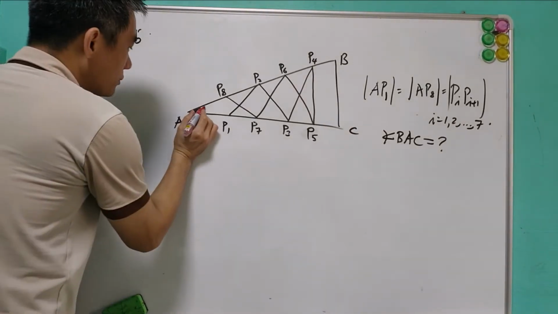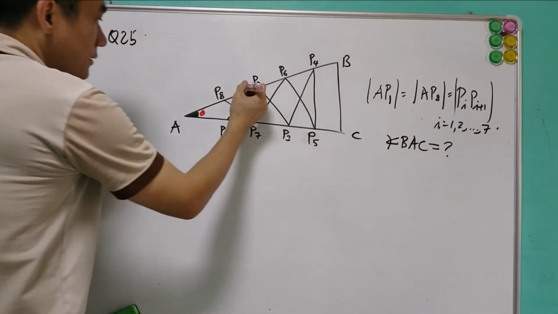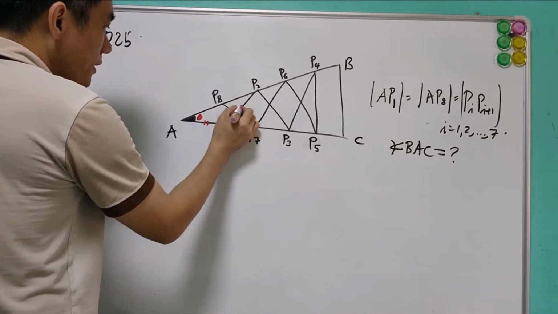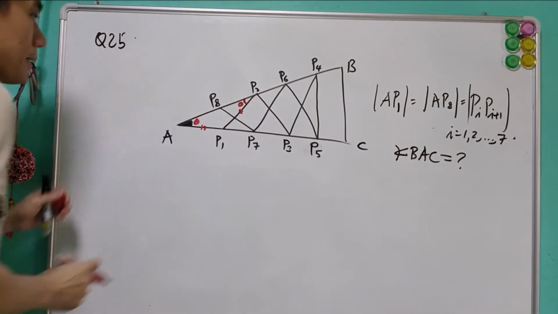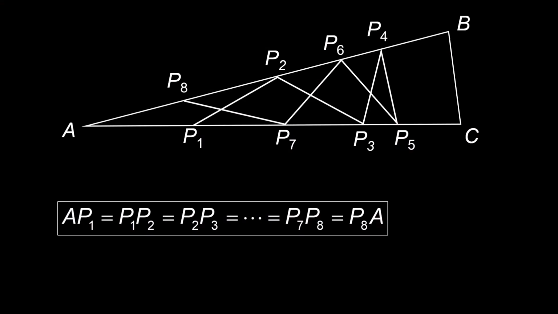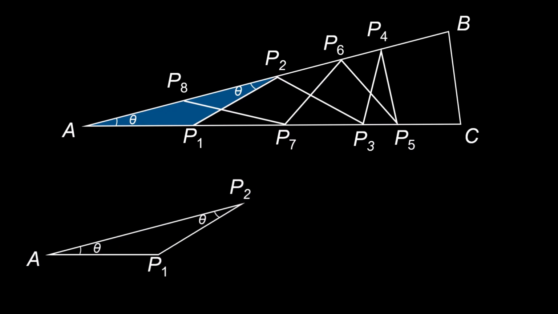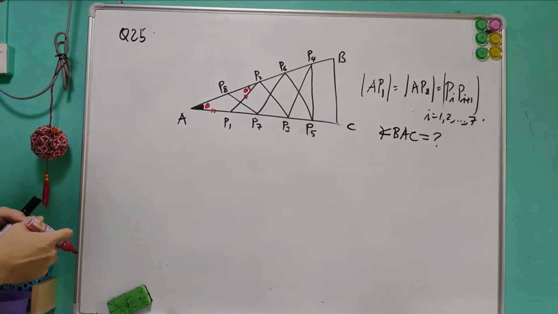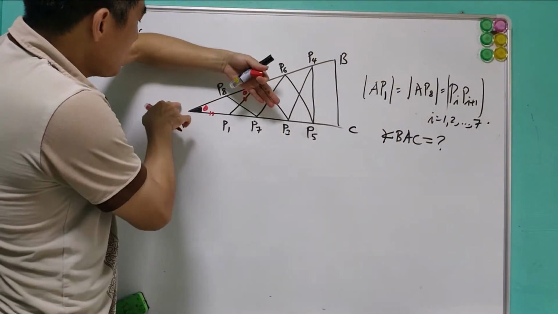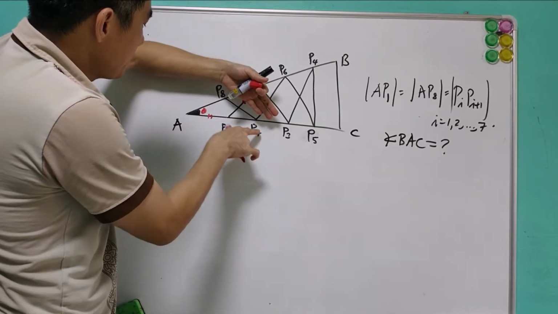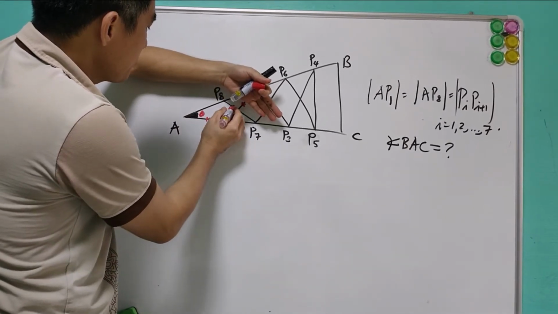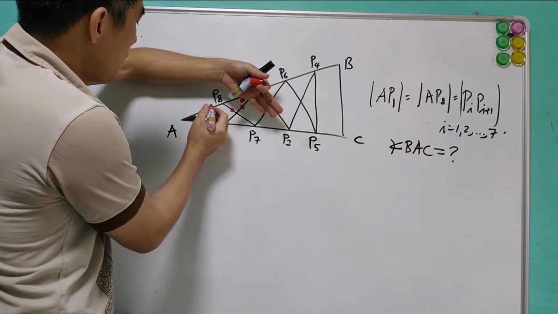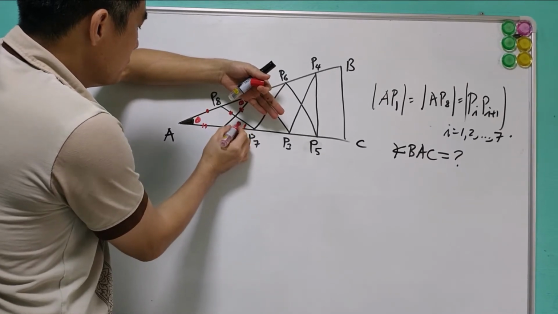Suppose this is equal to theta, then because these two are the same, so this will also be equal to theta. And if we look at the triangle AP8P7, these two are also the same, and therefore it is also equal to theta.